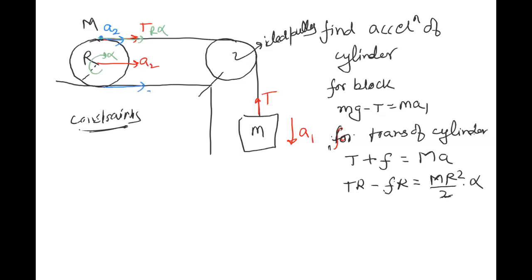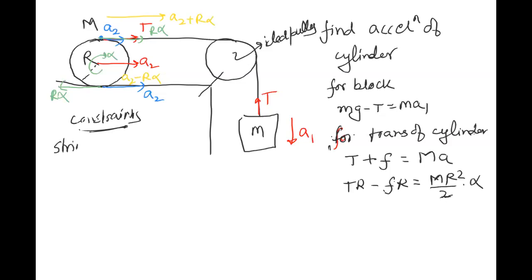Because of rotation, the acceleration of this point is r alpha. So the net acceleration of this point is a2 plus r alpha. The net acceleration of this point is a2 minus r alpha.